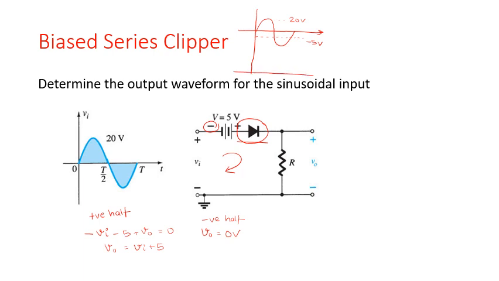For you to draw the output, you get this point down here and you get this point down here. So I'm just going ahead and drawing another half waveform. So it looks something like this. So what you're going to get at the output is going to be something like this. And the amplitude of this is going to be 20 plus this 5. So this is going to be 25 volts.